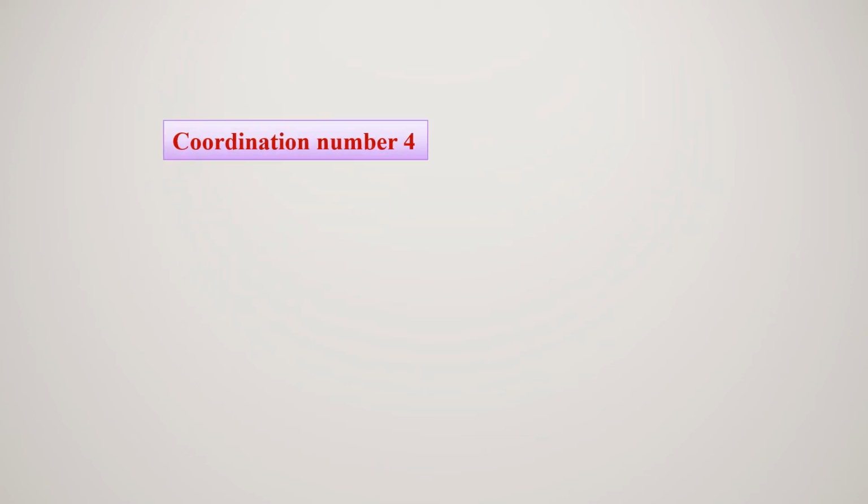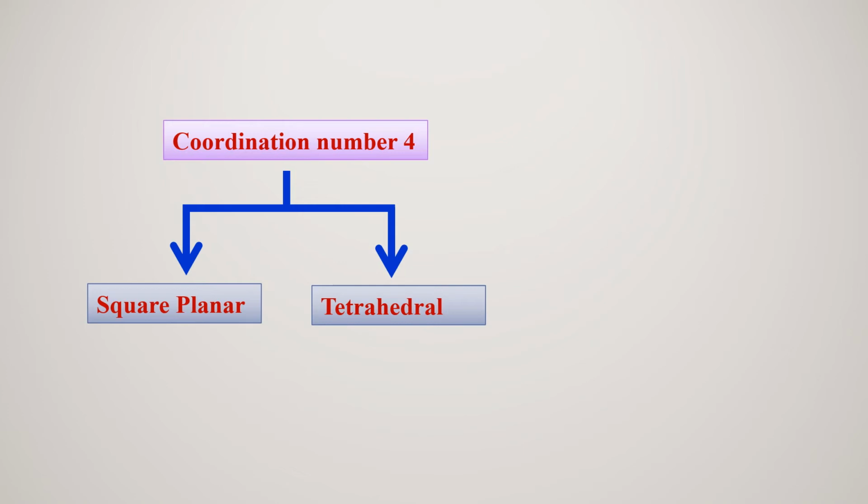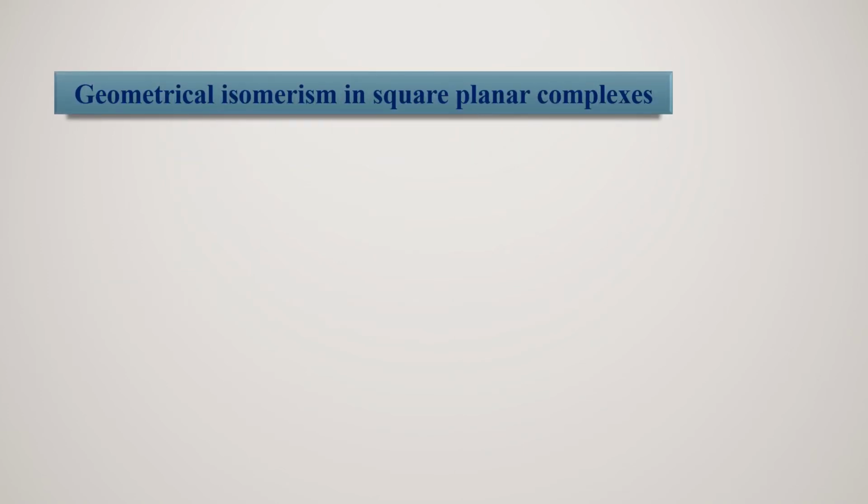If the coordination number is 4, we know there are two different geometries: one is square planar and one is tetrahedral. We can find geometrical isomerism in square planar complexes. Now you can see square planar complexes with coordination number 4.